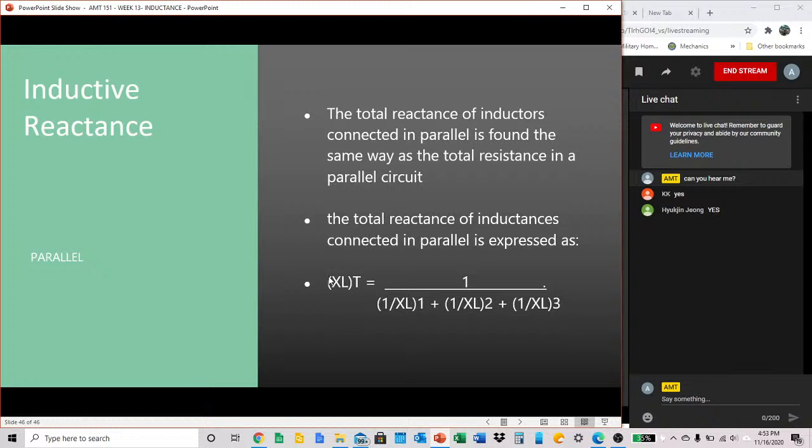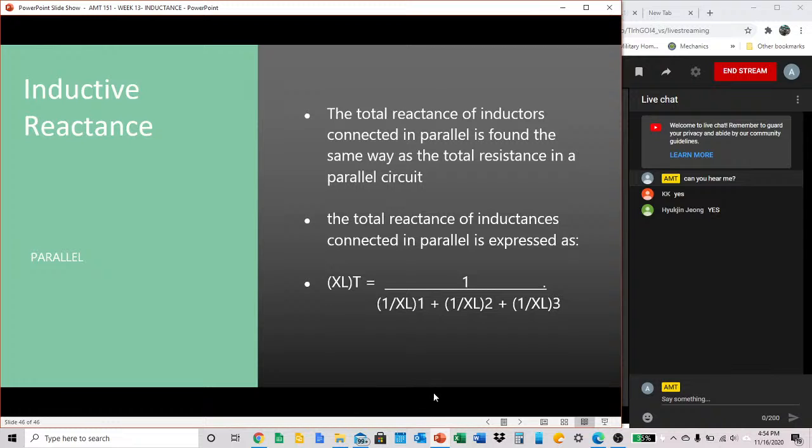You may see 1 over XL total equals 1 over XL1 plus 1 over XL2 plus 1 over XL3. I have it written here so you can plug it in as is and not have to transfer over the 1 over XLT. So here we have XL total equaling 1 over XL1 plus 1 over XL2 plus 1 over XL3, and so on and so forth.